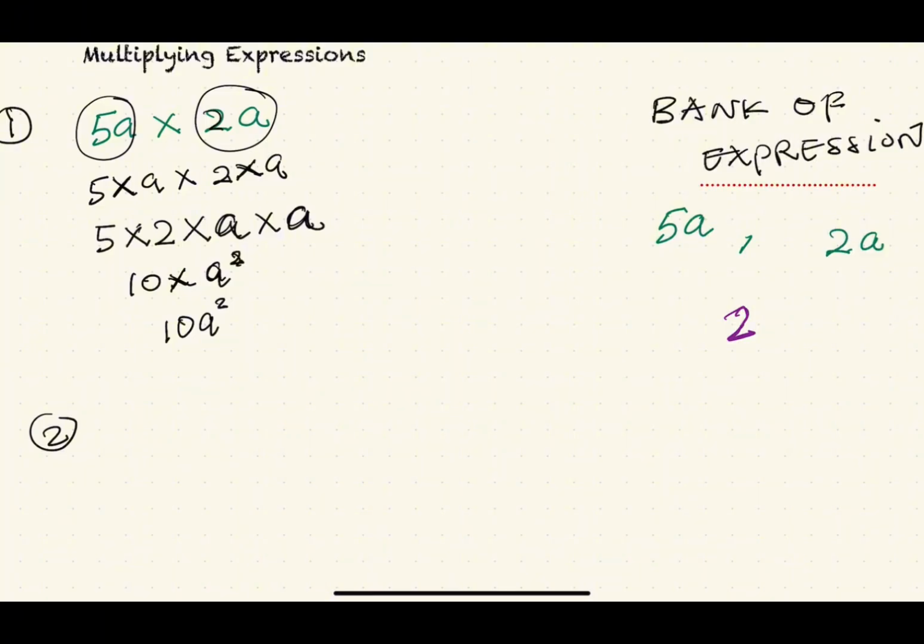Let's say 20f times a. So we bring it here. Actually, yeah, 20f times a. Let me just write it here, 20f times a. So what we do is just remember that when we are multiplying expressions, it's the same as just not writing the multiplication and just gluing these two together.